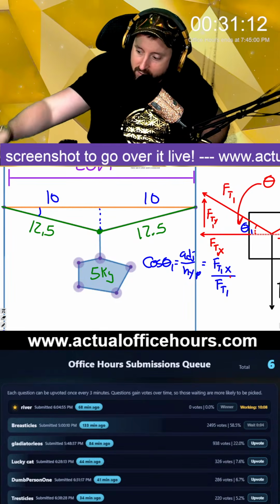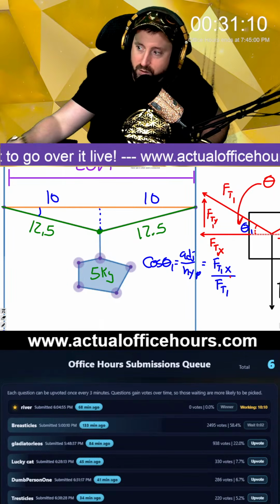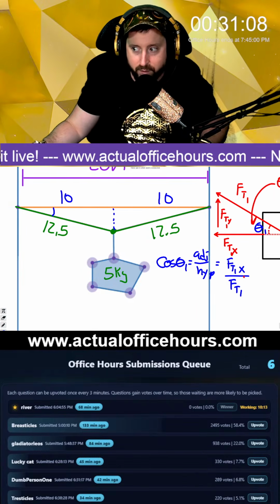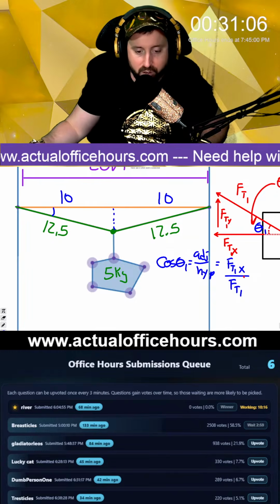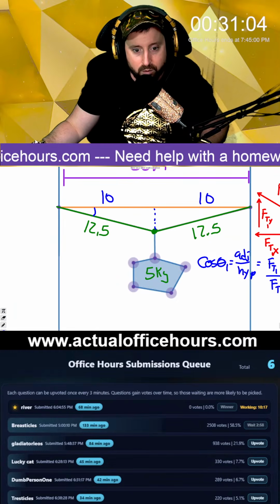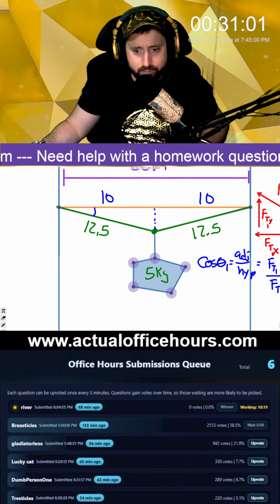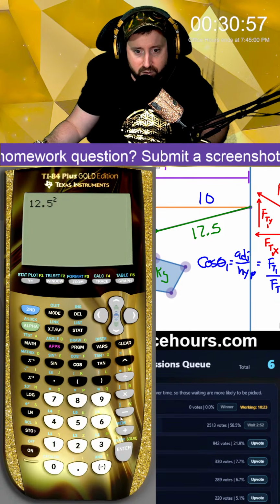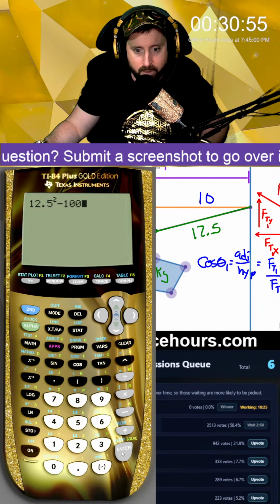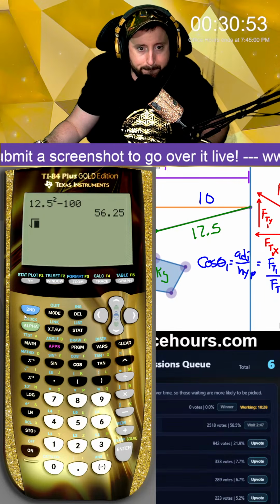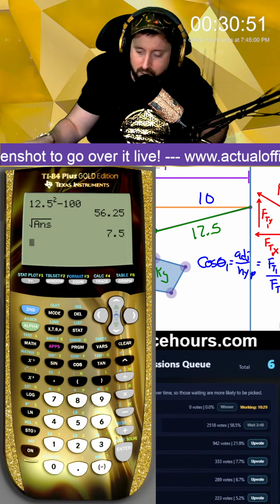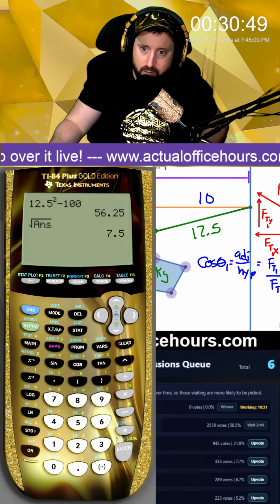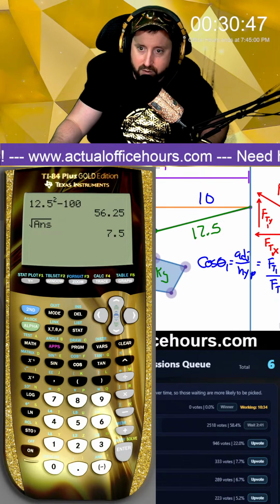The same triangle that makes the physical shape is the same triangle that divides the force up into x and y. So if we do 12.5 squared minus 10 squared, and then we square root that, that's going to be 7.5. Oh, so this is actually kind of a nice number.